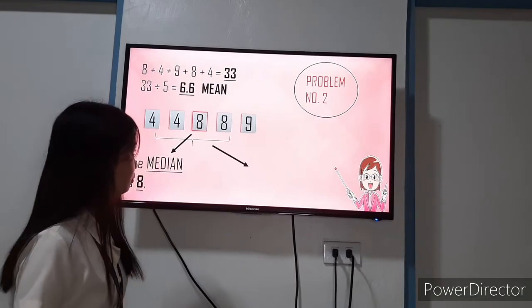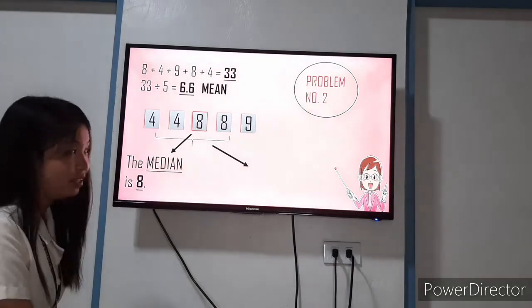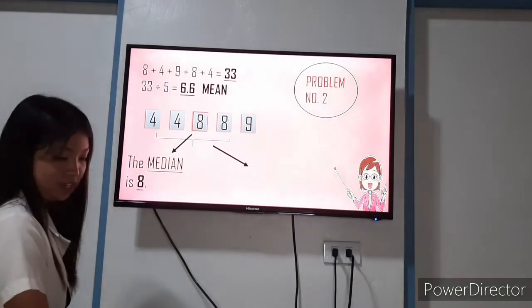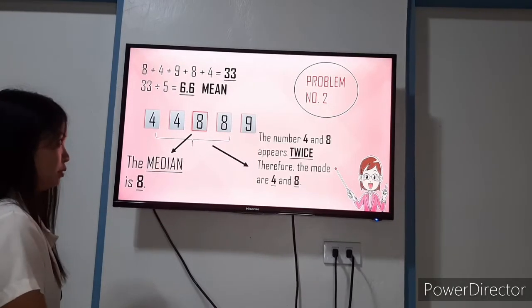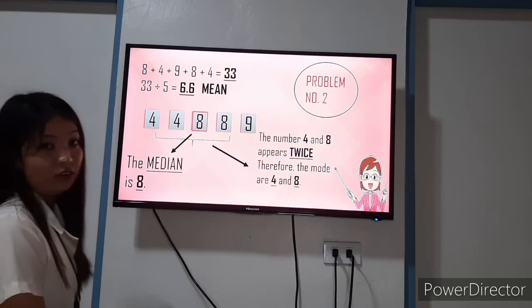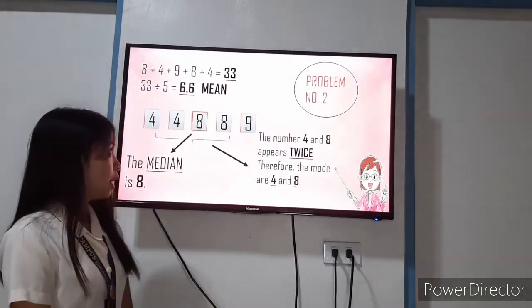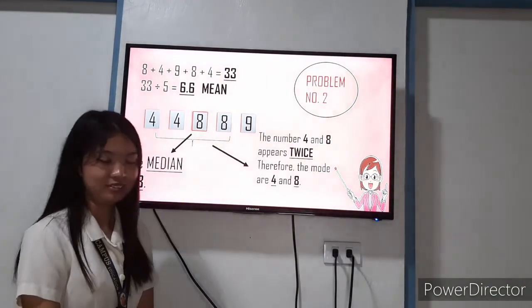And the median, we already arranged it. The number that falls in the middle is the number 8. Therefore, the median in the set of data is 8. And last, the mode, the most frequent. We have two modes. So you can see numbers 4 and 8 appear twice. Therefore, numbers 4 and 8 are the modes.